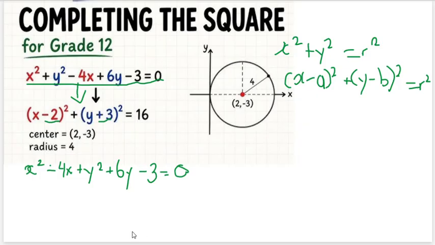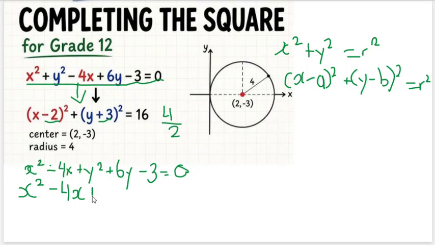Now when you're completing a square, this x squared, you just bring it down the way it is, and this 4 here, you bring it down the way it is also. In order for us to complete a square, you have to take this 4 and divide by 2.